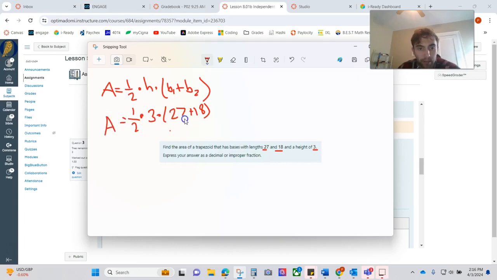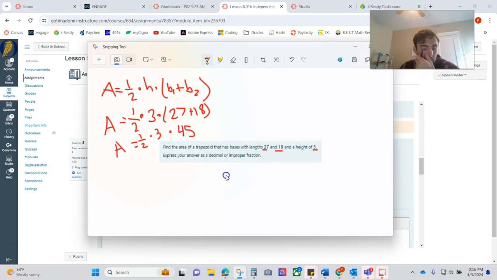The adding is in the parentheses, so let's do that first. 18 plus 27 is, thank you calculator, 45, because 3 makes 30, then I have 15 left. 15, 30, 45. Times 3 times 1/2 equals the area.